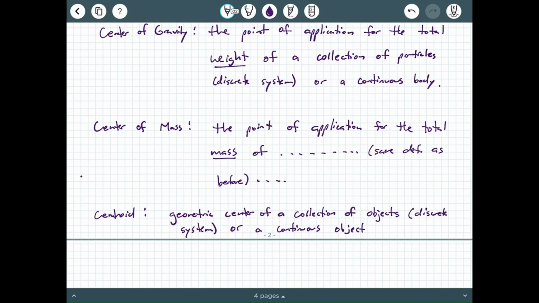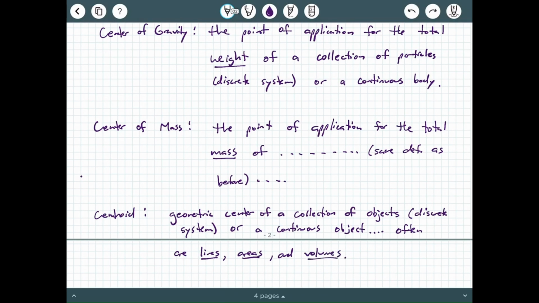Now, the thing about centroid is when we're talking about centroids of objects, we're often concerned with either lines, areas, or volumes. Okay, so we're going to say often are lines, areas, and volumes.